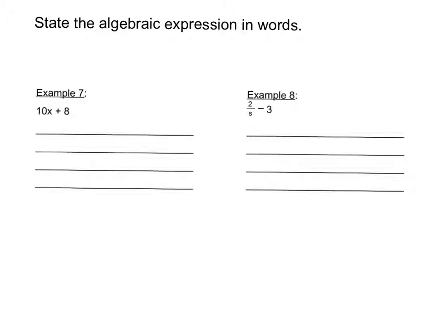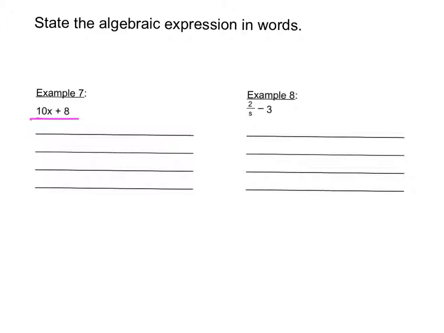Now we're going to work backwards. So we have the algebraic expression right here. We need to put that into words. And basically, however you say it is how you would write it. So we have 10 times x plus 8.